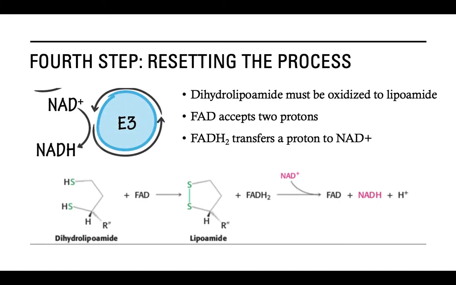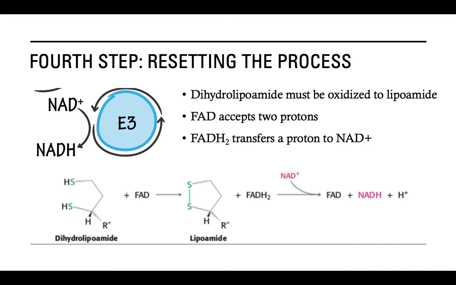Although the generation of acetyl CoA from pyruvate is now complete, the process must be reset in order for another pyruvate molecule to bind and generate acetyl CoA again. Thus, the fourth step takes place and is catalyzed by dihydrolipoyl dehydrogenase, also known as E3. In this step, dihydrolipoamide that was generated alongside acetyl CoA must be oxidized back to lipoamide.